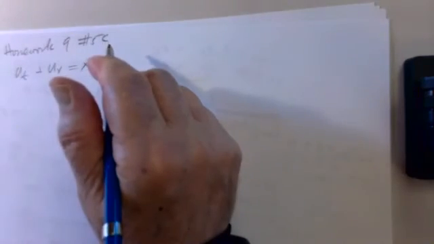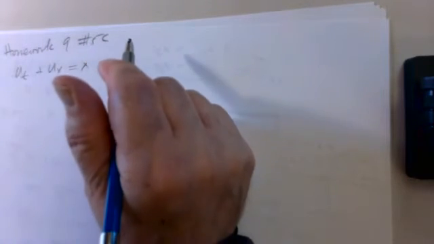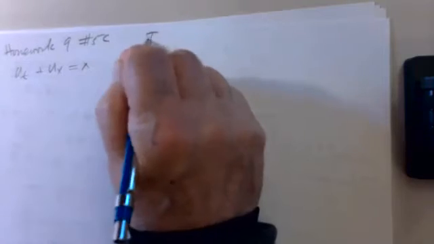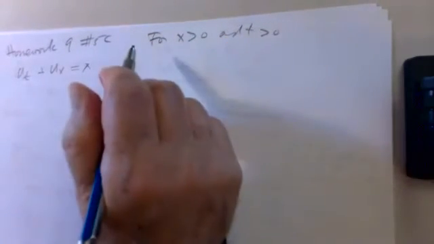So this is the problem. u sub t plus u sub x equals x, so it's not homogeneous. This is for x greater than 0 and t greater than 0.